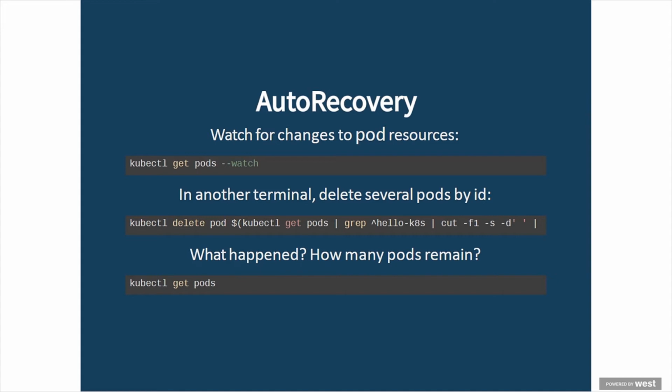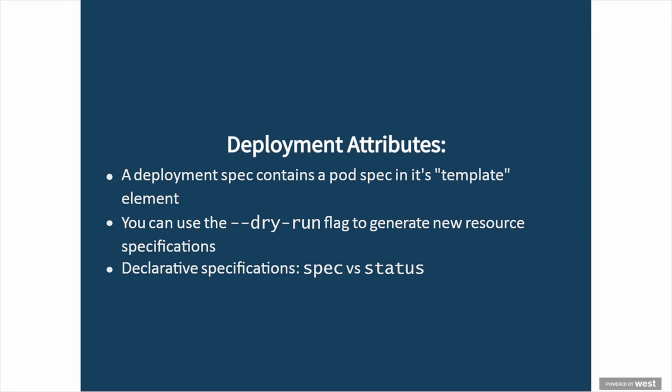The expected result after deleting 2 pods is Kubernetes should automatically notice that the replica value in the spec and the replica value in the status field are out of alignment. The spec will suddenly say 3 while the status says 1.